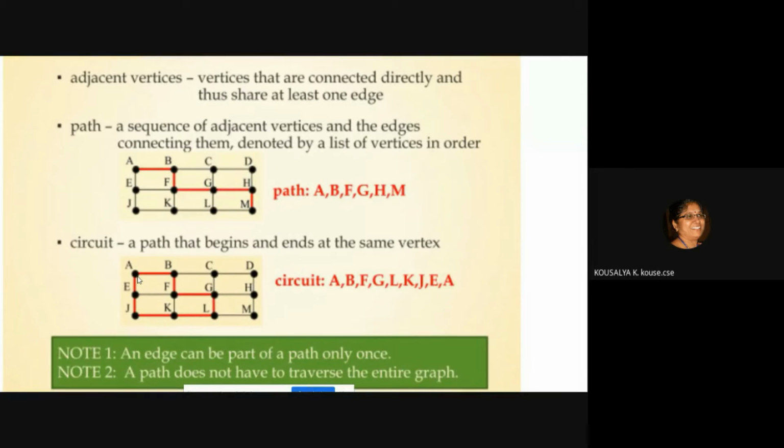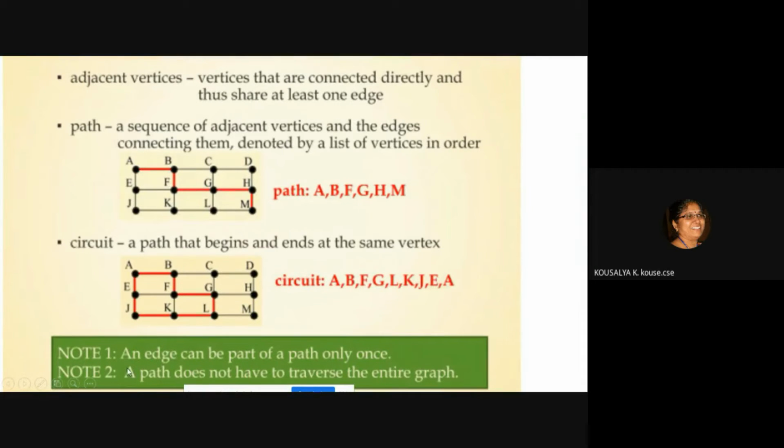You start and end at the same vertex and there is a path between them, so it is called a circuit. Similarly from B: B, C, E, G, F, and again F to B is possible. So this is called a circuit. A closed loop is a circuit, also called a loop.